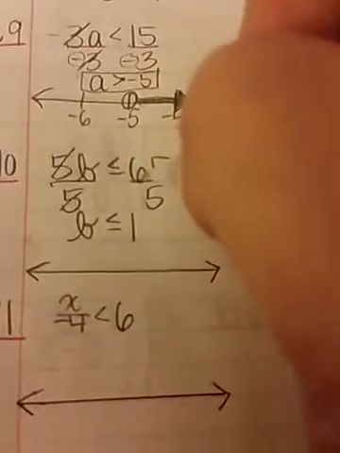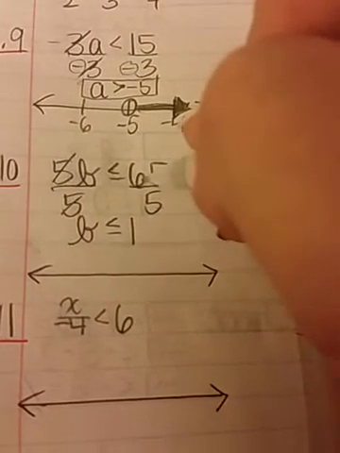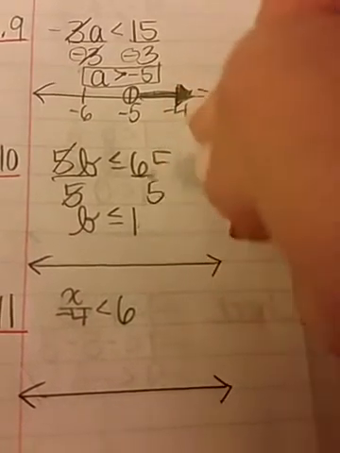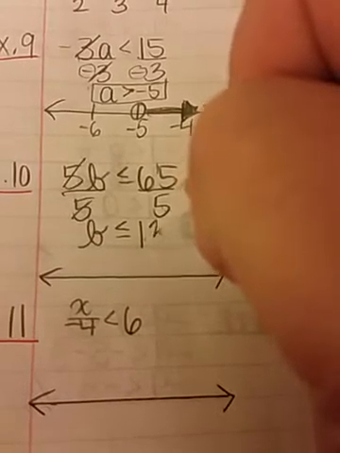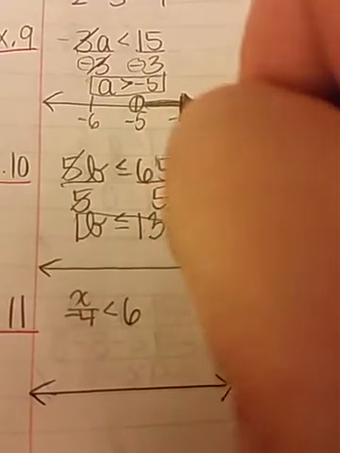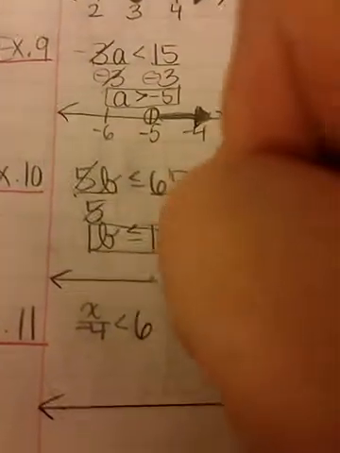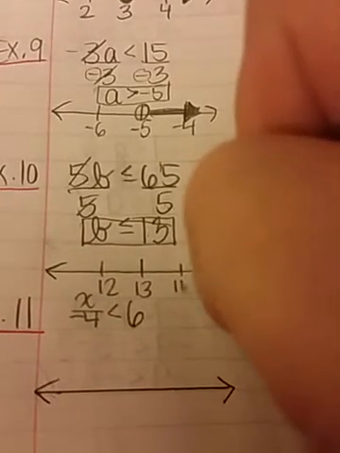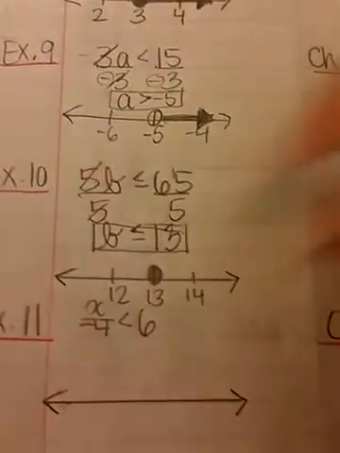I get b is less than or equal to 65 divided by 5. 5 goes into 6 one time with a remainder of 1. 5 goes into 15 3 times. Oops, I get b is less than or equal to 13. 13 goes in the middle, 12, 14, closed circle, arrow to the left.